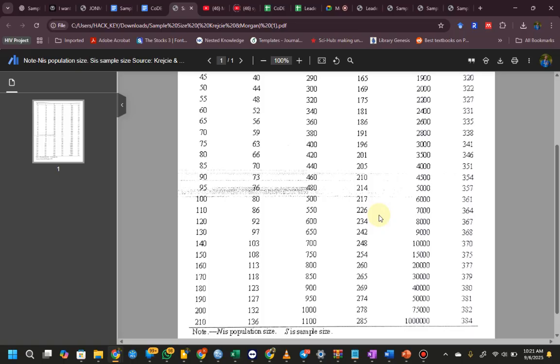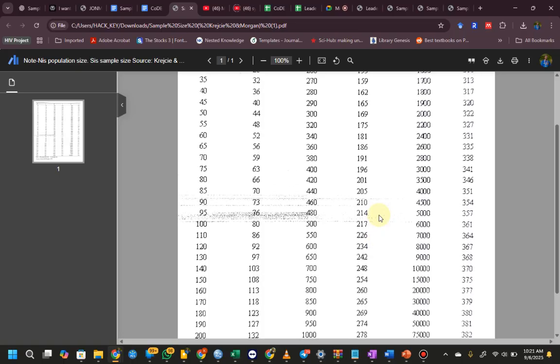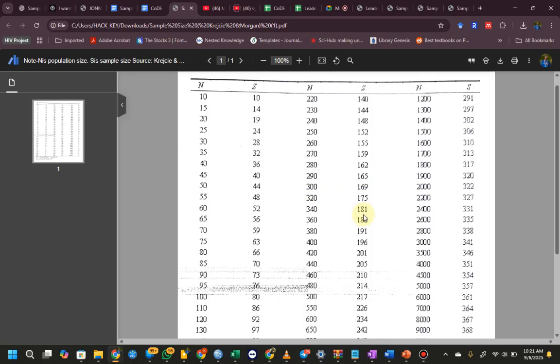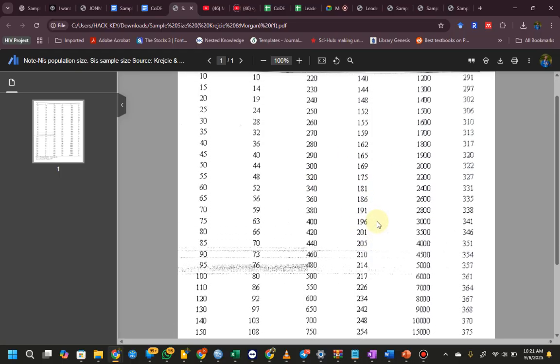Now, what would be the sample size for 220? Sorry, not 220. Not 220. What would be the sample size for 3010?